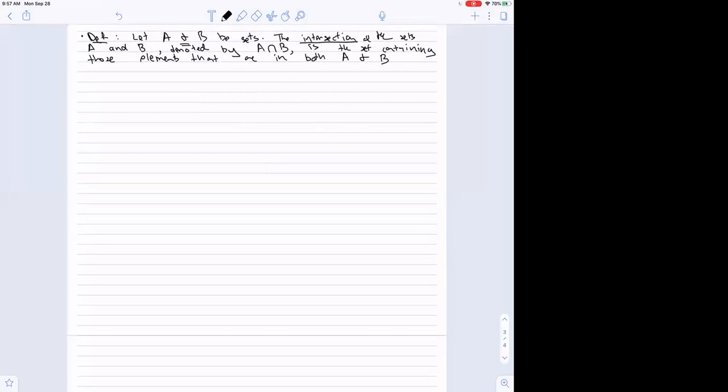Basically, intersections are the elements that both the sets have in common.